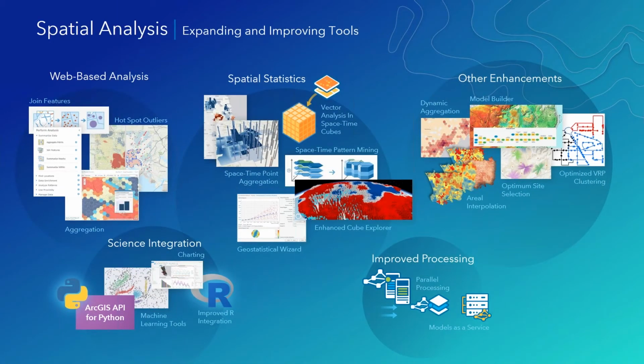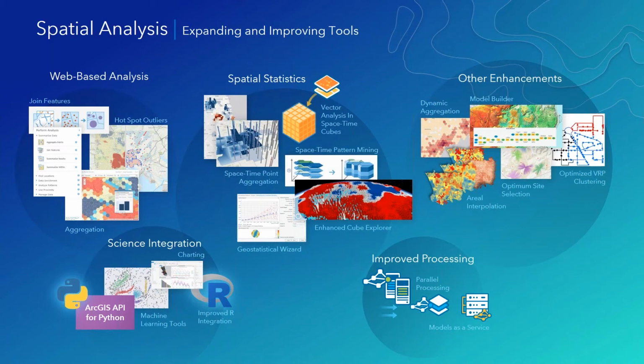So for those of you who are new to GIS, there are literally hundreds of tools, if not thousands of tools available that can help you mine your data for spatial significance. And if you've been doing this for a while, you can see here just a selection. There are a lot of new and improving tools that are available through the ArcGIS platform.